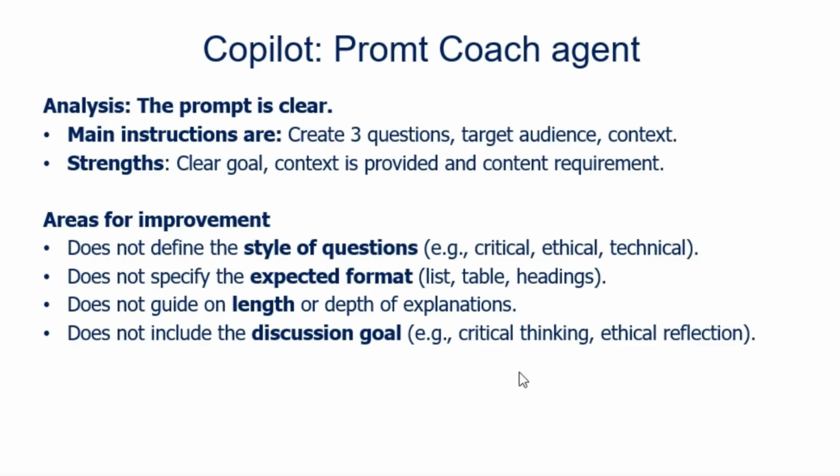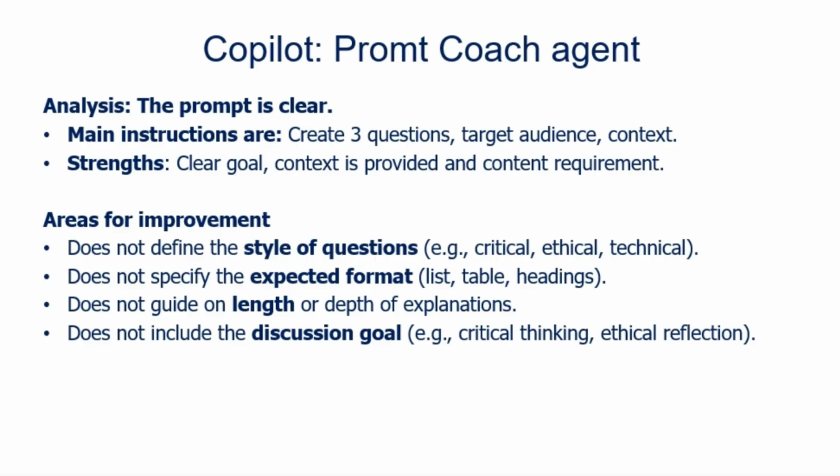And as I asked it to analyze the prompt, this is what it told me, that the instructions were good. It told me the strength, but it also told me how I could improve it. And I especially like the idea that I should define the style of the questions, whether I want them to be critical, ethical, technical, or another style.